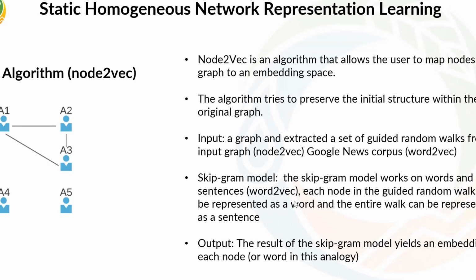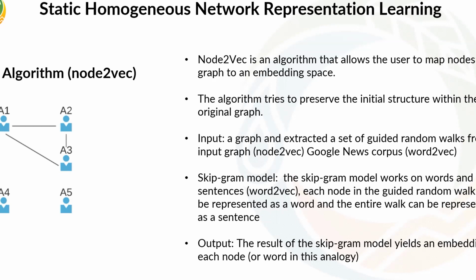For word2vec, the skip-gram model works on words and sentences. But when it comes to static homogeneous network representation learning, each node in the guided random walk can be represented as a word, and the entire walk can be represented as a sentence in the context of NLP. And the output is fairly obvious.